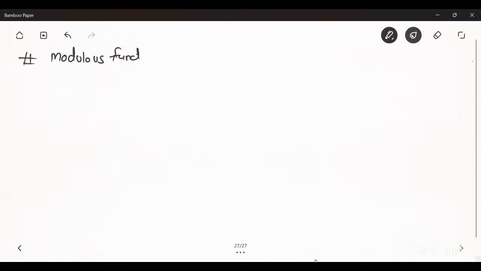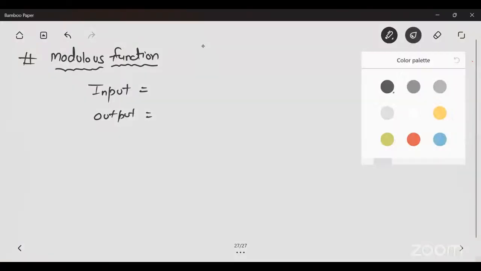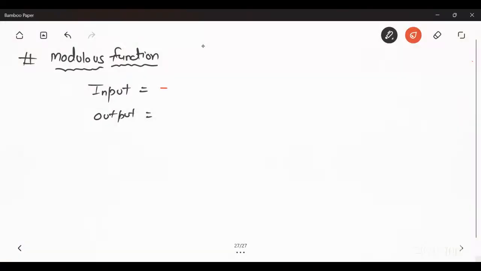So what is the modulus function? A function in which we can put any value inside the mod, and we get a positive value from it. So generally, the input and output: the input of the modulus function is from minus infinity to infinity, or we can say any real number, and the output is from 0 to infinity. 0 is also included.